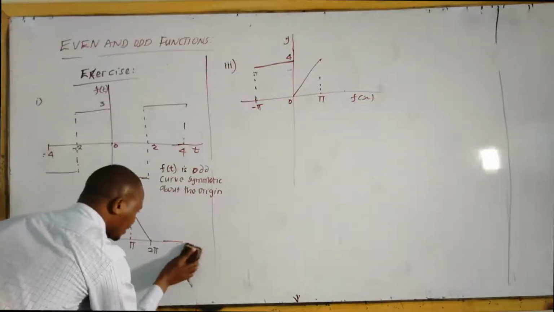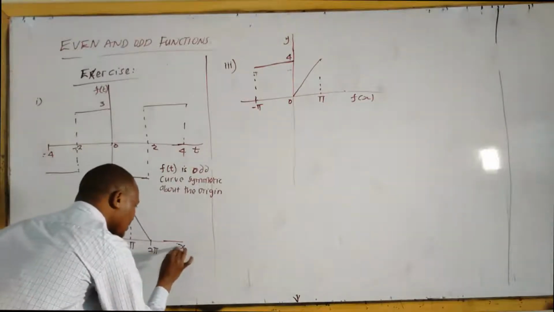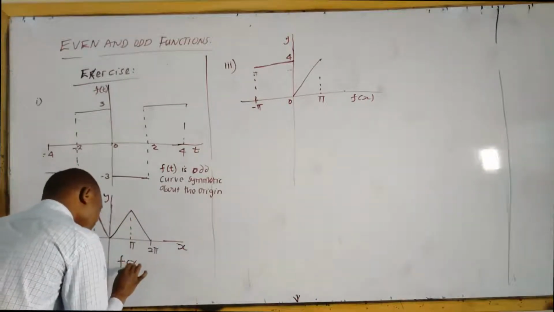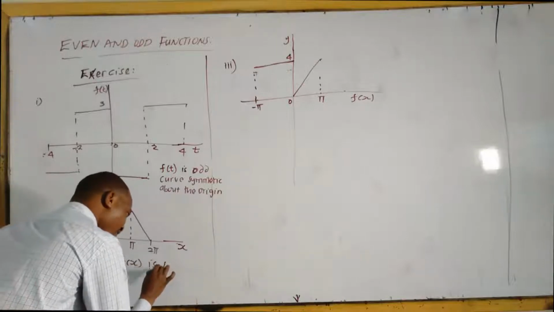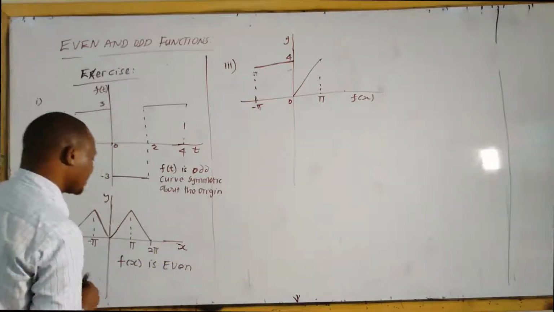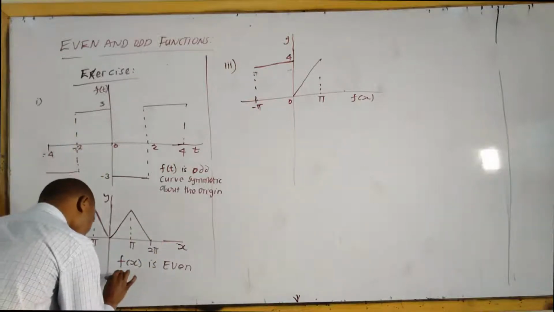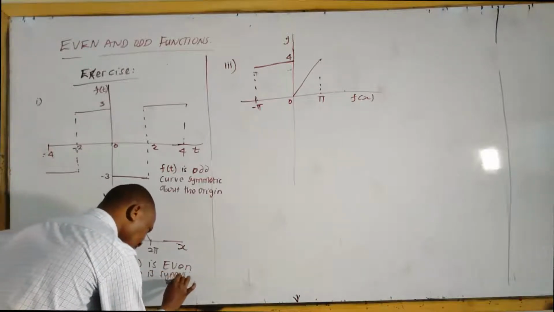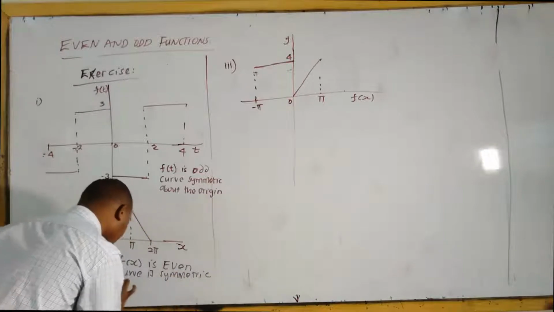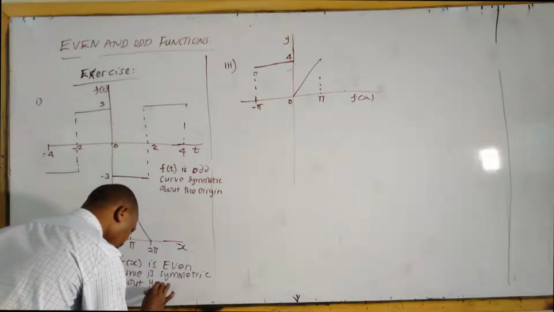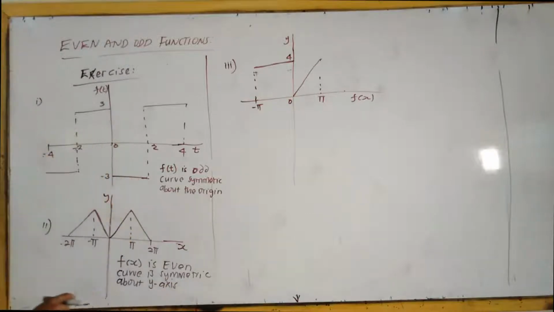I made a mistake, this is not f of x, it is x. Of course, y is always a function of x. You can say y as a function of x is even. The function of x is even because the curve is symmetric about the y-axis.